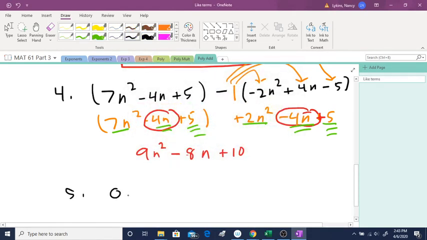So you have 0.8m squared plus 1.1m minus 2.